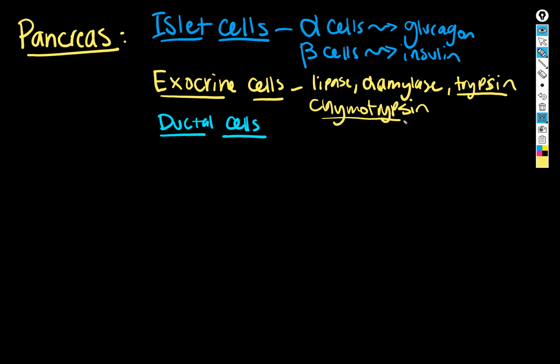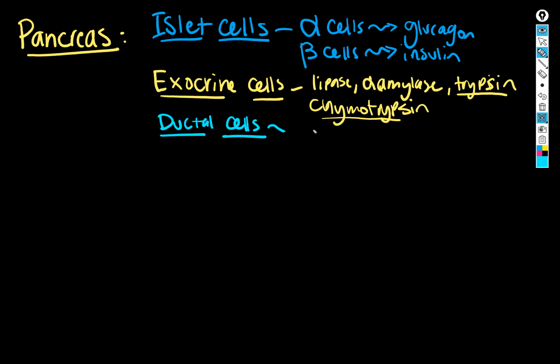They're not active until they're secreted into the duodenal lumen, because we don't want them to become active inside of our pancreas and start digesting our pancreas and turning it into goop inside of us, which it will if these are activated. So once the pancreatic juice gets squirted out of either the major or minor duodenal papilla, enterokinase, which is secreted by the duodenal cells, is going to activate trypsin and chymotrypsin. So that's kind of the deal.